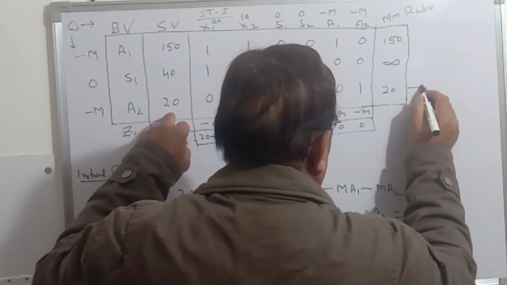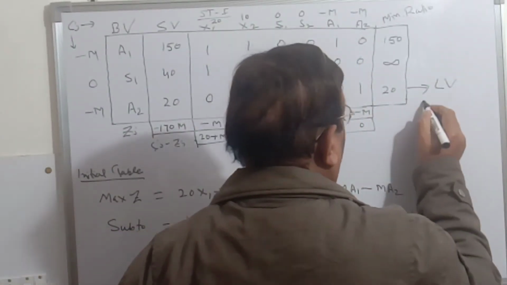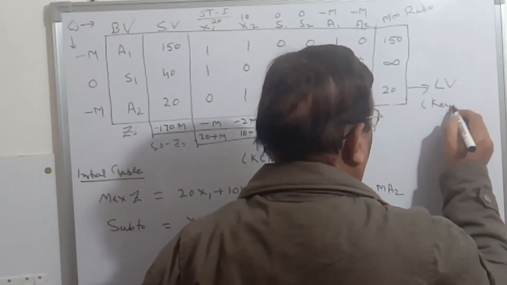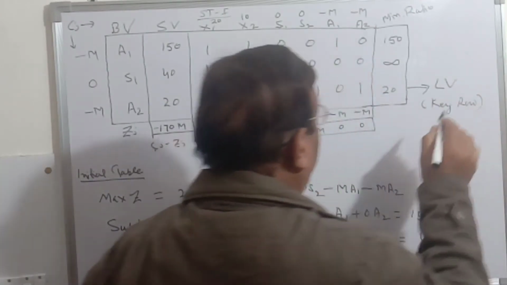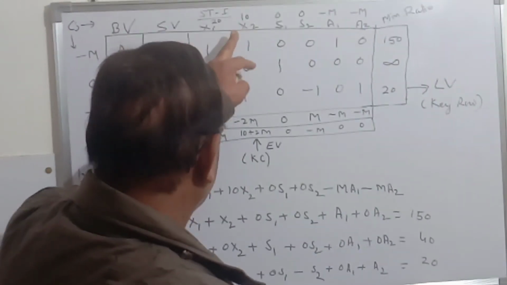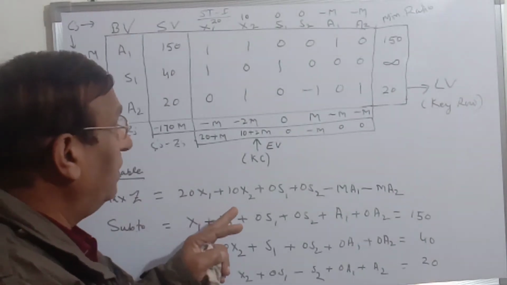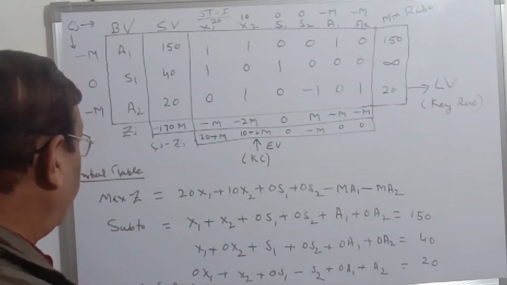So this is minimum. This is your leaving variable, also known as the key row. Now A2 will leave and X2 will enter in the next table.